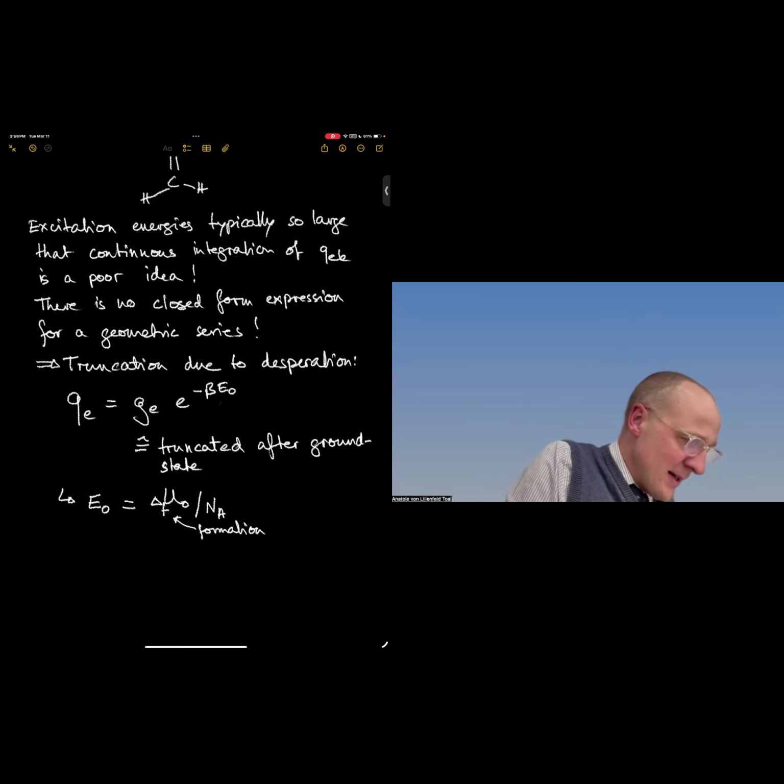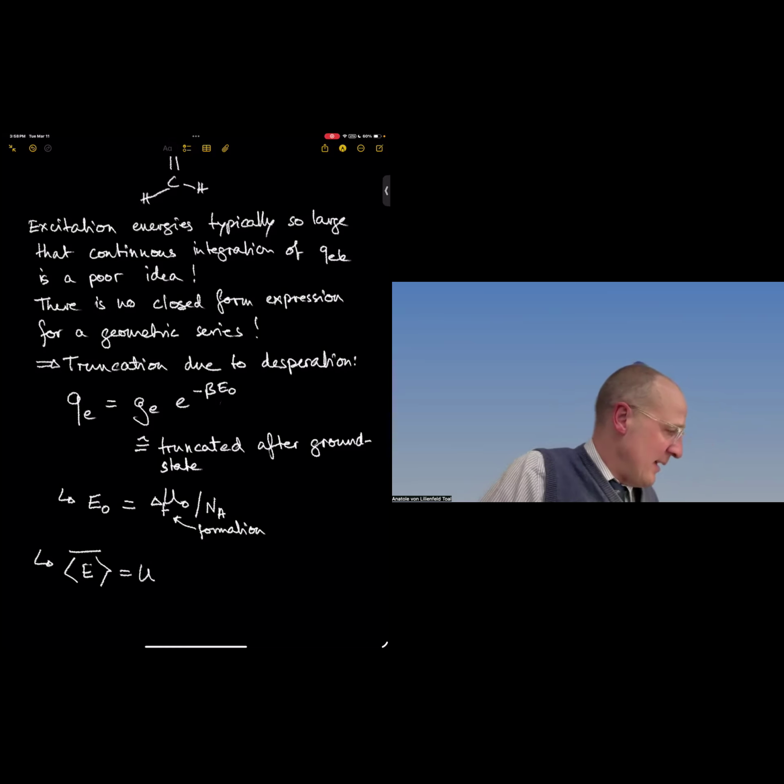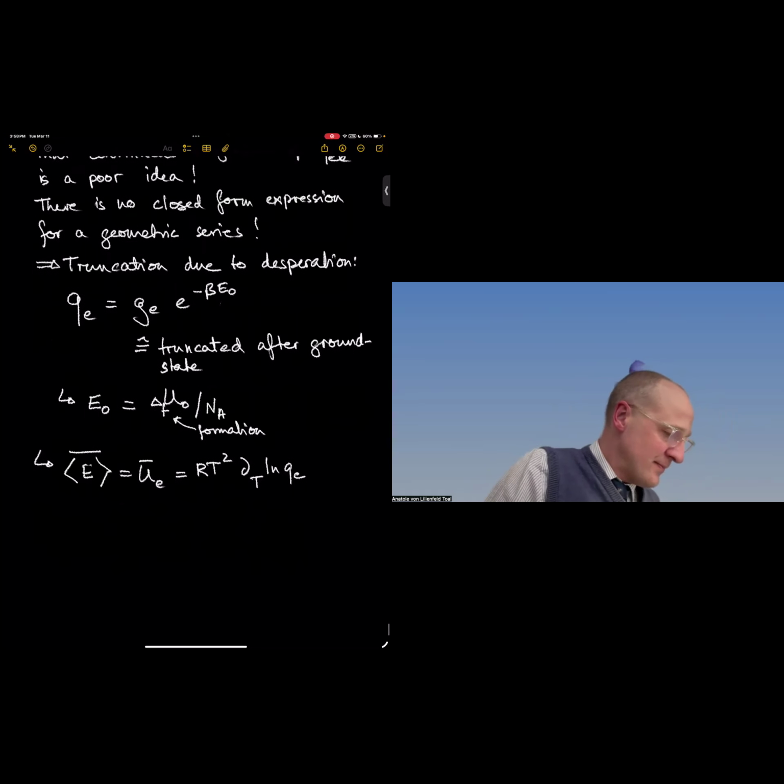And this will then, using our expectation values for the molar average energy, should be our molar electronic energy. And now I'm just using our formula, RT squared times the derivative of the logarithm of QE with respect to temperature.